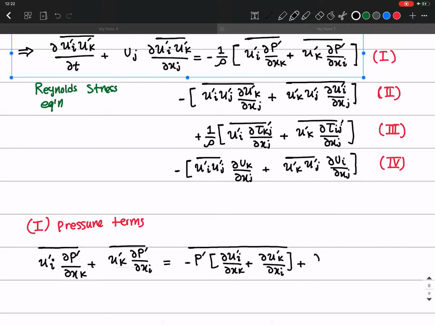plus partial over partial xj of p prime u prime i, and then I also add these canonical deltas, delta kj. So this is only valid when k equals j.